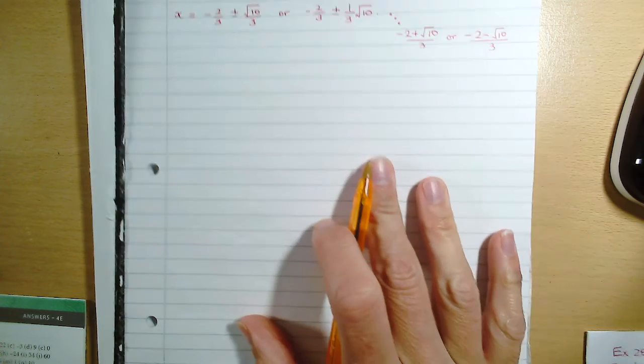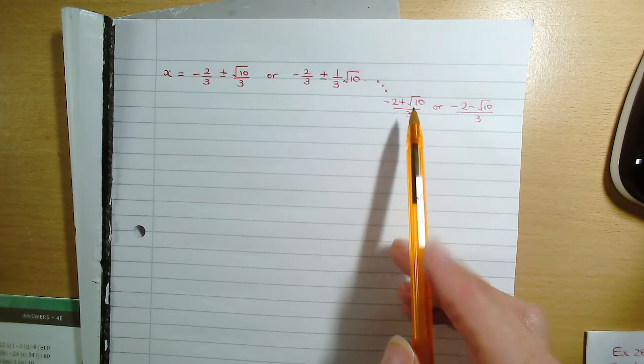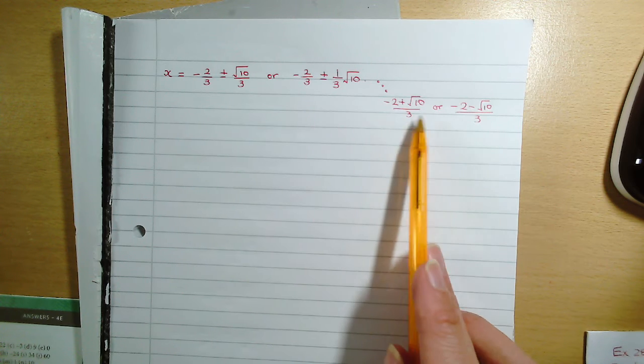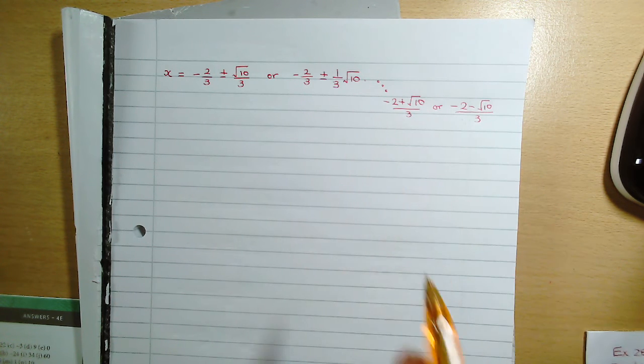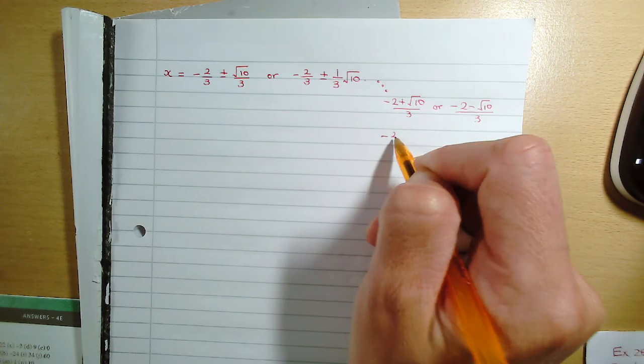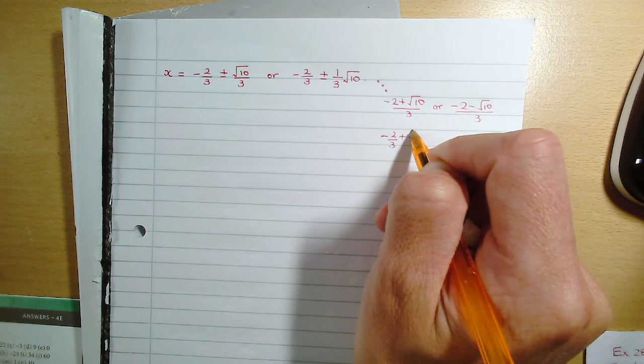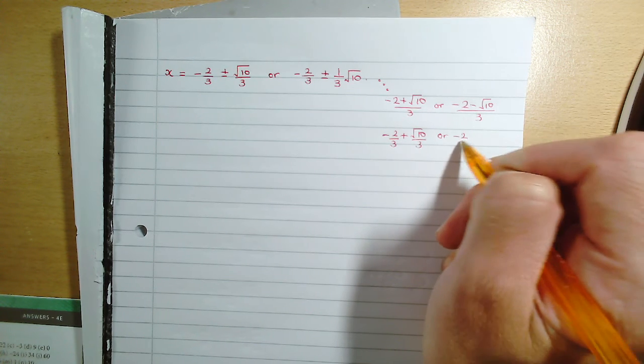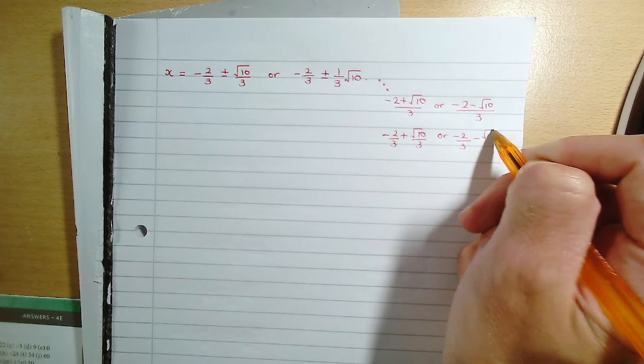So again, those answers that the book gave may look totally different to those, but they're not. If I divide each term in the numerator by 3, we're going to get the same answer. So if I break it up, that's going to be -2 over 3 plus root 10 over 3, or -2 over 3 minus root 10 over 3.